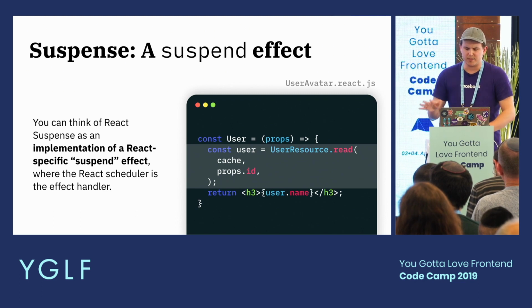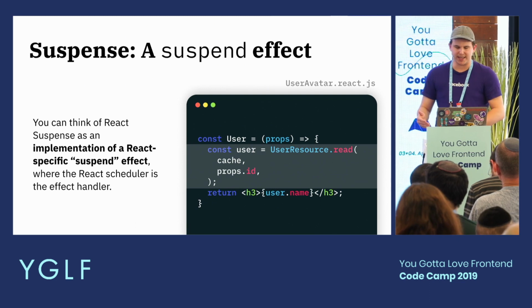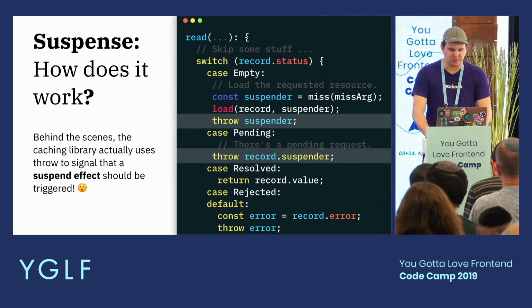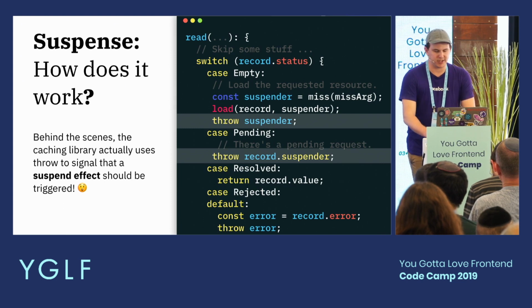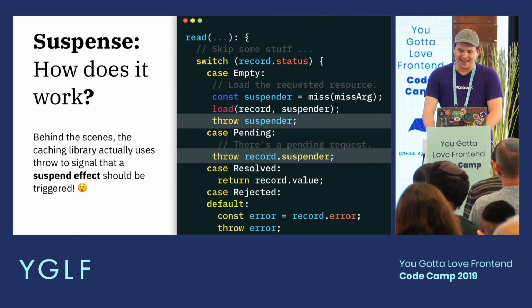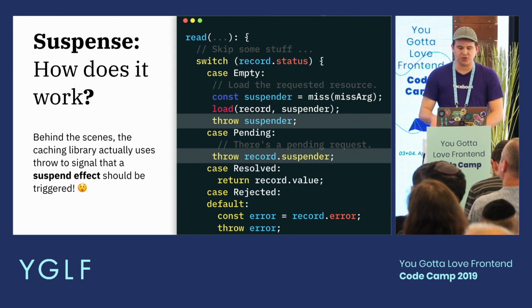But before we started talking about algebraic effects, we noted that they don't exist in JavaScript. So how does React actually implement this? Well, we can pull the curtain back and take a little peek. This is code that I took from that unnamed caching library that I told you not to worry about. This is just a small snippet of the source of that read method that is called inside the render of that user component.